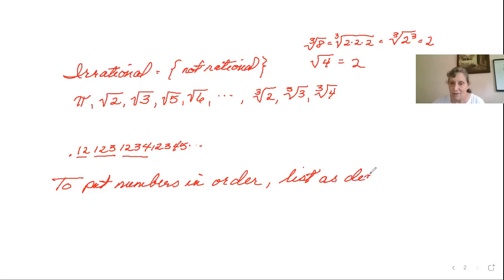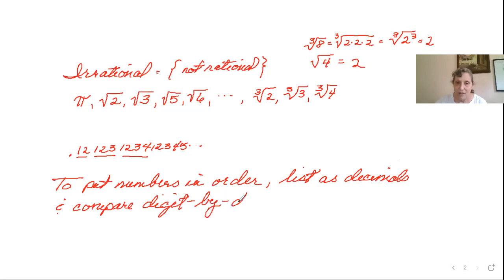So you want to list them as decimals and then compare them digit by digit. As soon as you get to a digit that's different, then you can tell which one's larger.